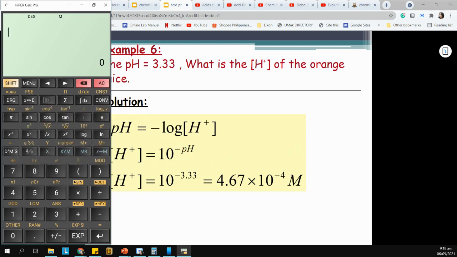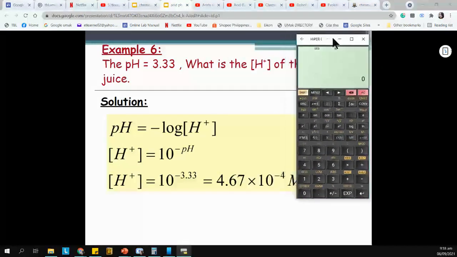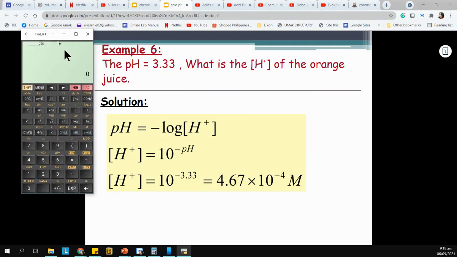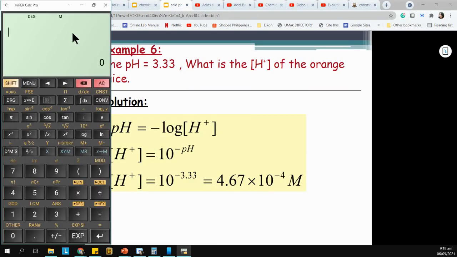Yes, Lauso. Yung 3.33, nakikita nyo ba kahit maliit yung calculator ko or gusto nyo malaki siya? Okay. So, yung given natin is 3.3 yung sa PowerPoint, di ba?